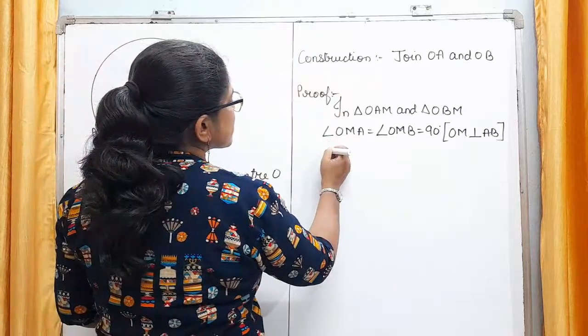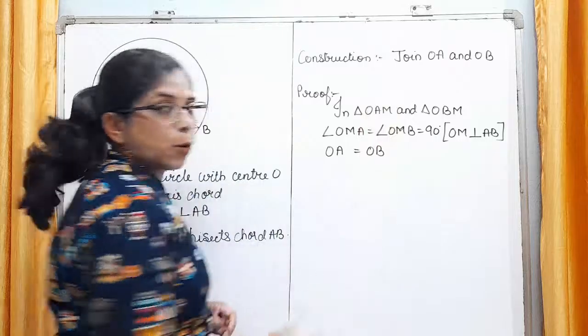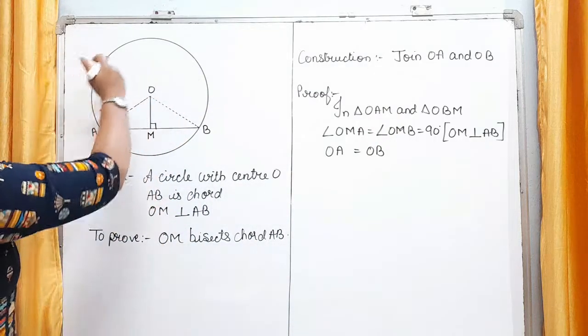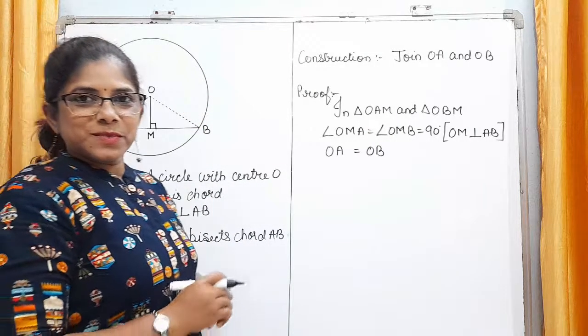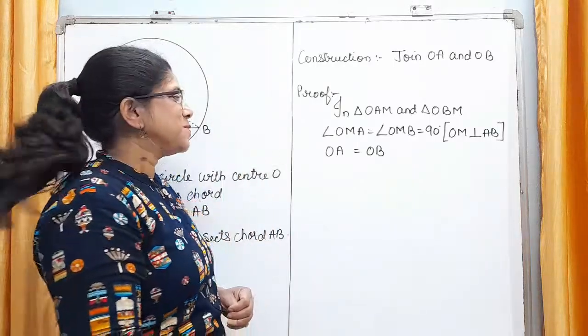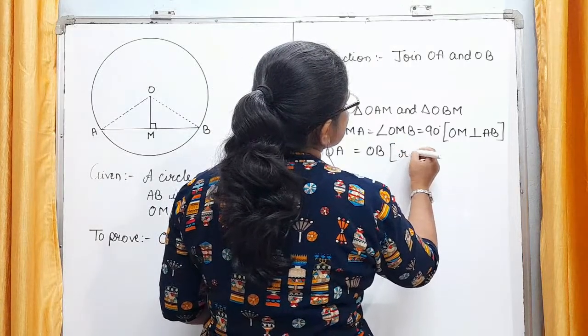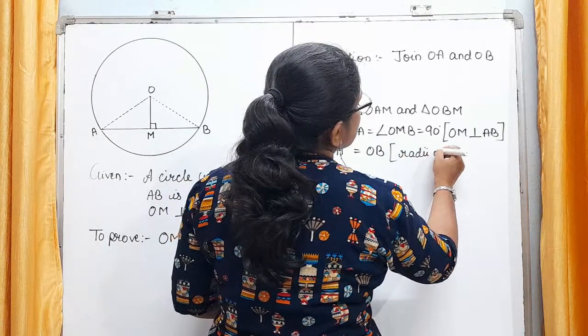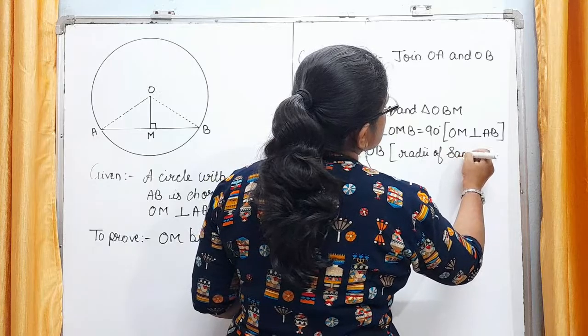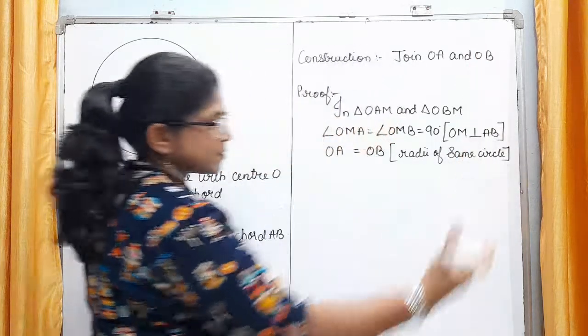Next, OA equal to OB. Simple reason, these two are radii of the same circle. So these are equal. Radii of same circle.